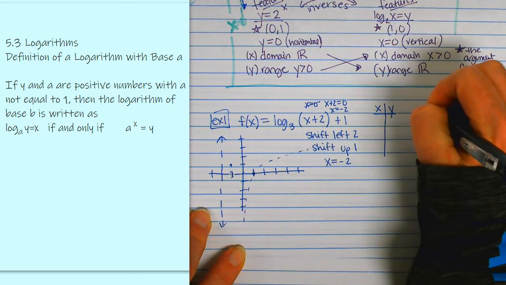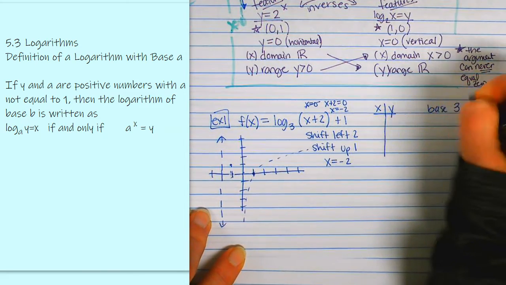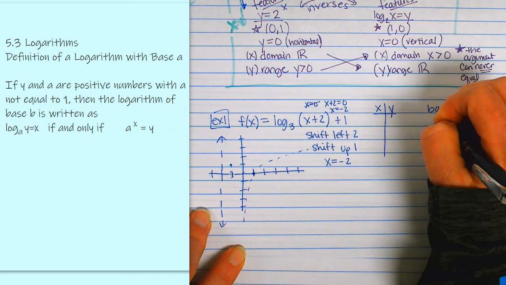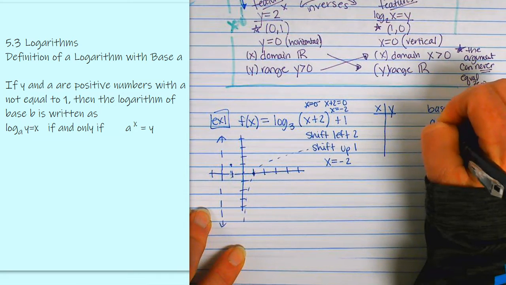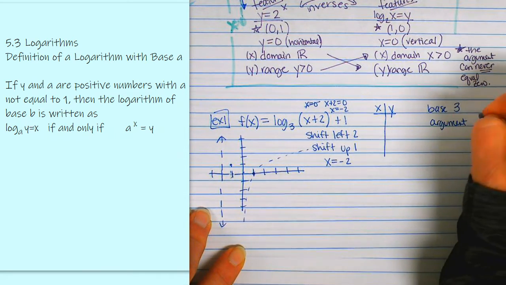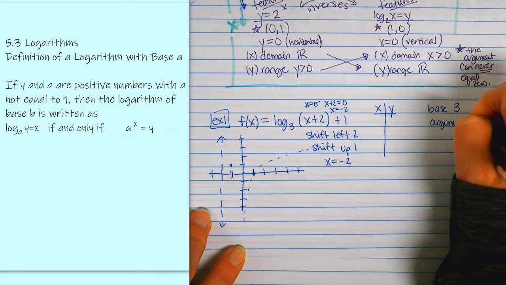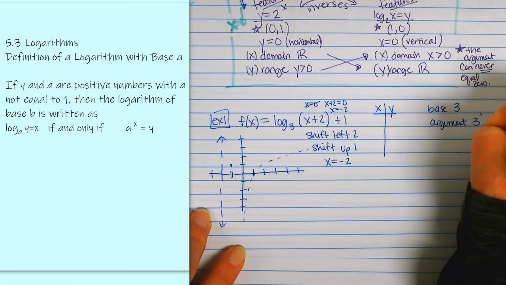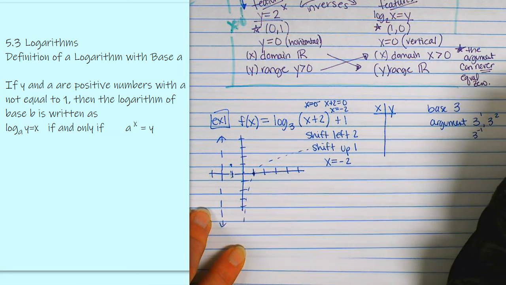So because this is base 3, I need the argument to be numbers that are 3 to a power. For example, I want the argument to be 3 to the first power, 3 to the second power, 3 to the negative first power. These are the things that I want to put in for the argument.